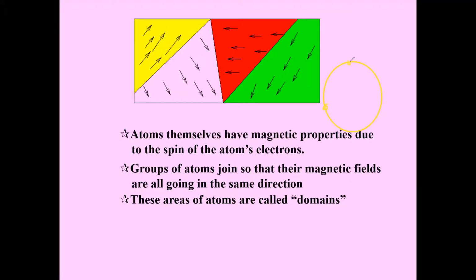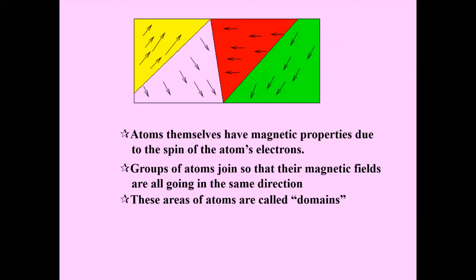For example, these are 3 electrons and they are constantly spinning. If all of these 3 electrons are spinning in the same direction, we will have a strong magnetic field. But if some of the electrons are spinning in one direction and others in the other direction, that will cancel out the magnetic field. So basically, the magnetic field depends upon the spin of the electrons.